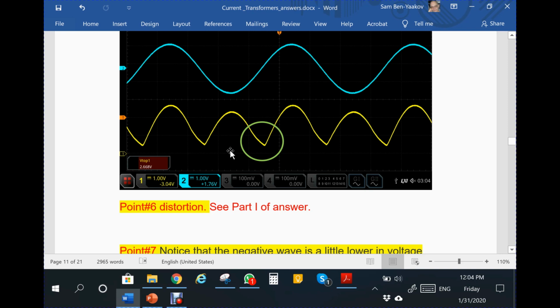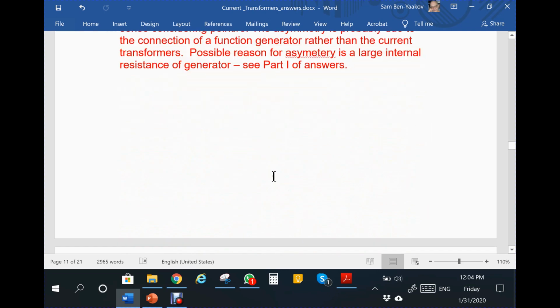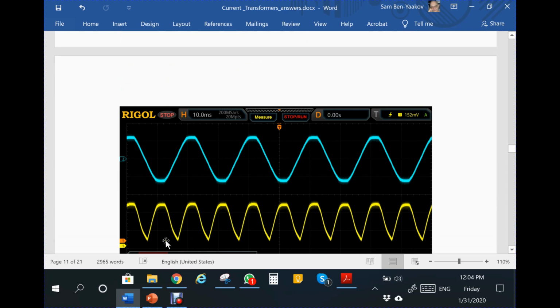I don't know if this is the only explanation, if this is the right explanation, but this is certainly a possible explanation why you see this asymmetry when you're feeding a signal generator, and this would be due to the internal resistance or the output resistance of this function generator, while in this case the output is coming from the current transformer.